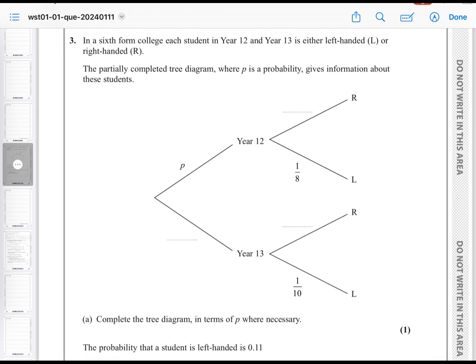Here they are saying that in a sixth form college, each student in year 12 and year 13 is either left-handed or right-handed. The partially completed tree diagram, where P is the probability, gives information about these students.